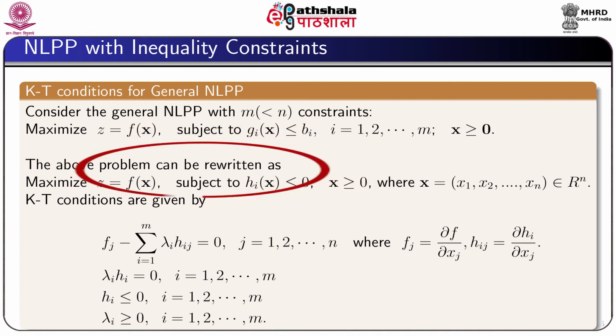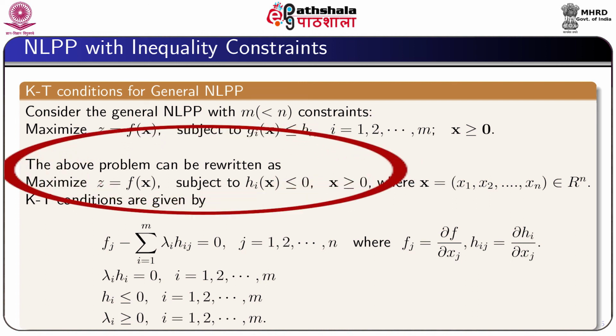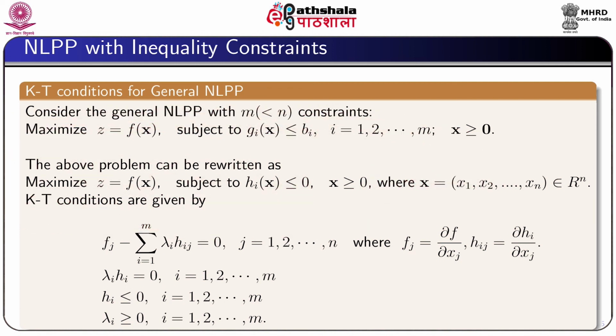The above problem can be written as maximize z equal to fx subject to h_i x is less than equal to 0, where h_i x is equal to g_i x minus b_i, x is greater than equal to 0, where x belongs to R^n.